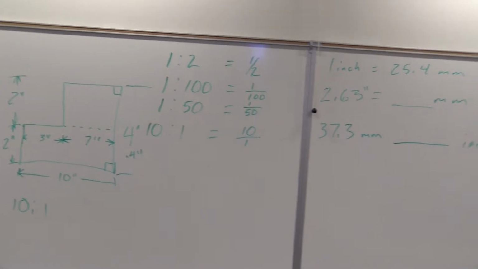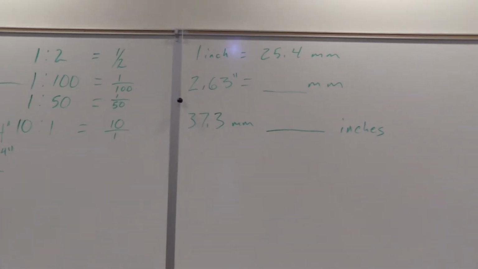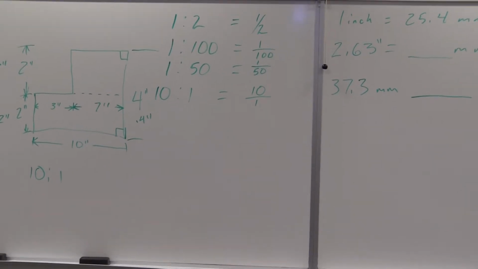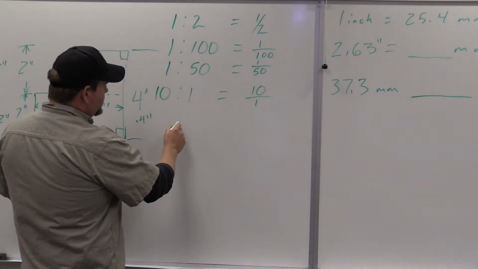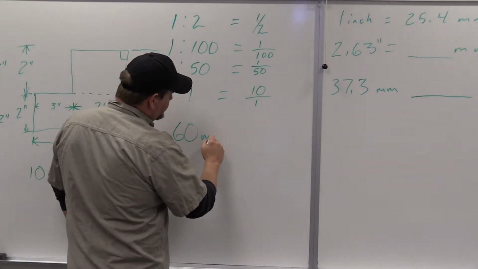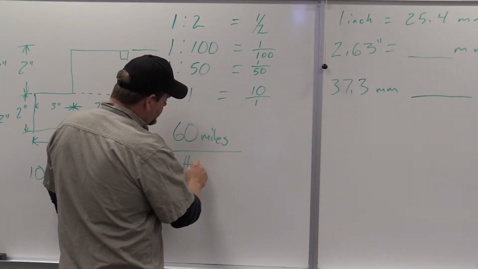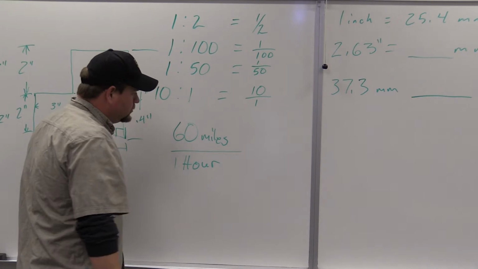Real quick. Stay here. Next portion, or the next topic, is a proportion. The one they use in the book was very simple. So we have 60 miles per hour for 1 hour. Okay?